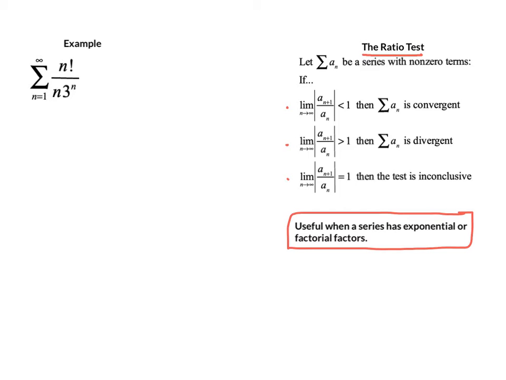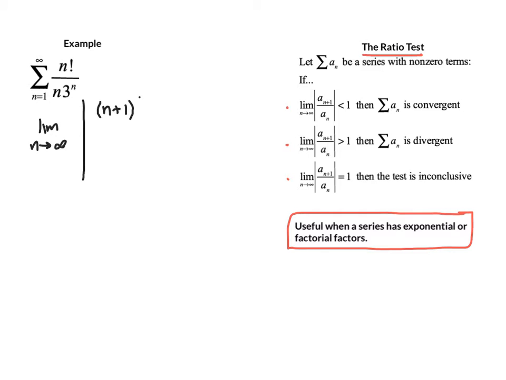In order to do that, we want to set up our limit. The limit as n goes to infinity. Now the first time you do this, if we just follow the definition, it says we're going to have this absolute value, and it's a ratio, a sub n plus 1 over a sub n, but the series itself, by definition, is a fraction, so we get this big, messy looking compound fraction, which is going to be a sub n plus 1. We're putting n plus 1 in anywhere we see n in our series.